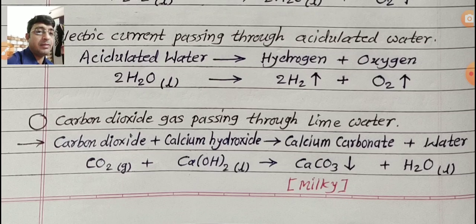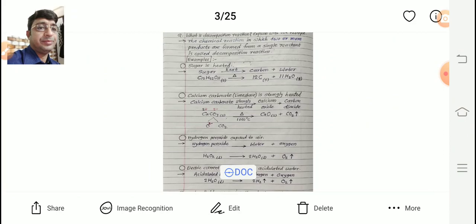That 2 minus valency is balanced by calcium 2 plus, forming CaCO3, calcium carbonate. It is milky white in color. And what remains? H2O, 2 atoms of hydrogen and 1 atom of oxygen remain. So in this way, we show this reaction here.